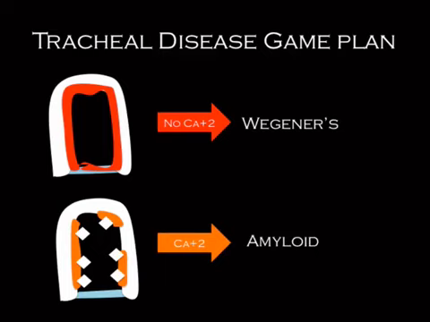Amyloid is a deposition disease, right? That's how I remember that it's depositing calcified hunks of stuff, versus Wegener's, which is more of a diffuse process. So remember, Wegener's, C-ANCA, involves the trachea about 15% of the time.